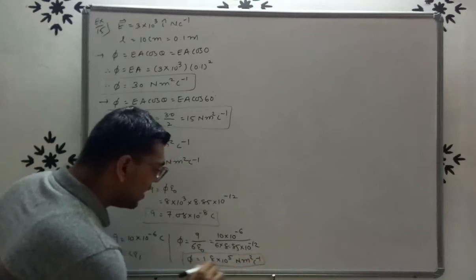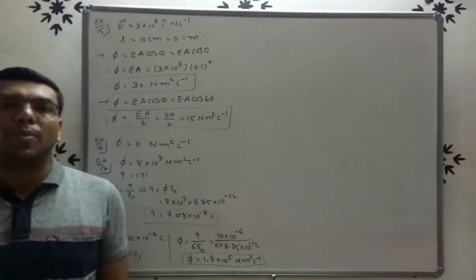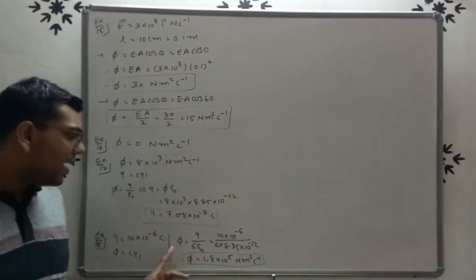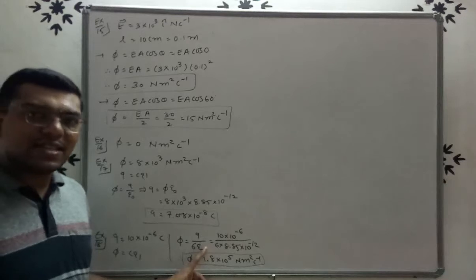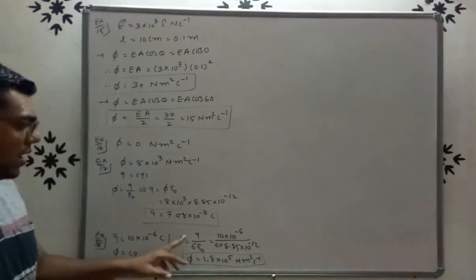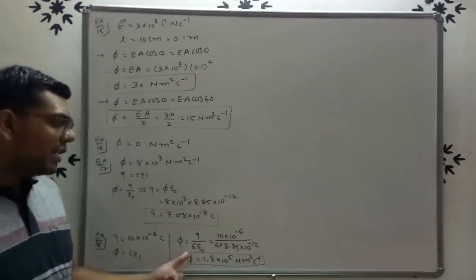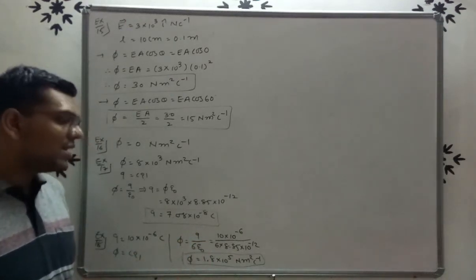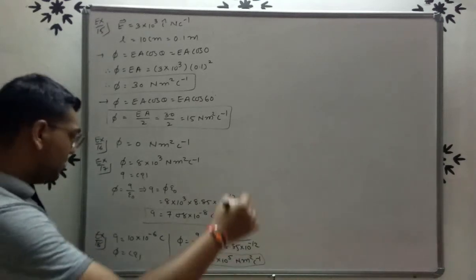Right, so here we have to find out the flux, but a cube is given, so the cube has 6 surfaces, so phi is equal to q by epsilon 0, but due to the 6 surfaces we have to divide by 6. After putting the values of q and epsilon 0 and dividing by 6, we get flux phi equal to 1.8 into 10 raised to 5.